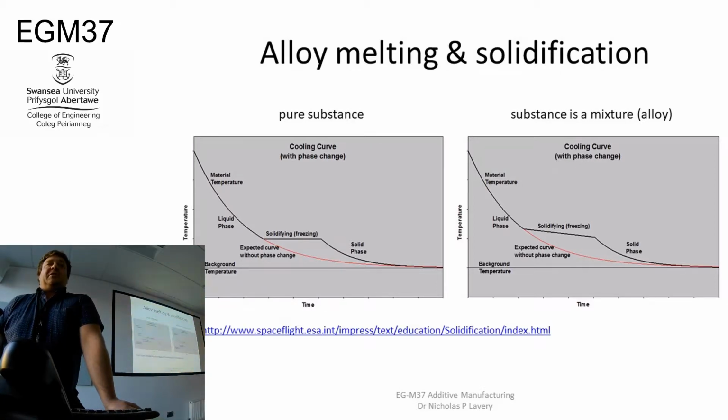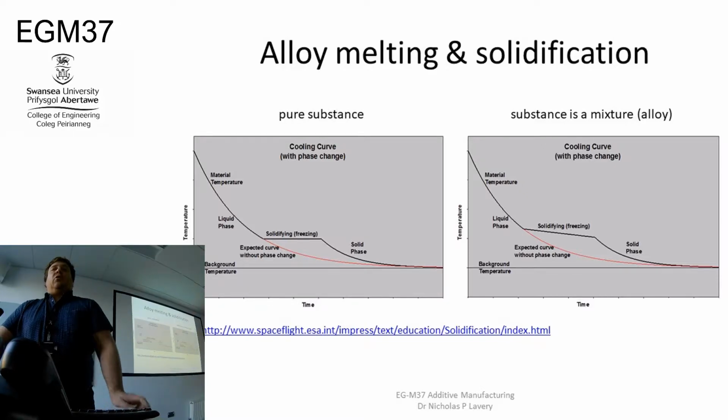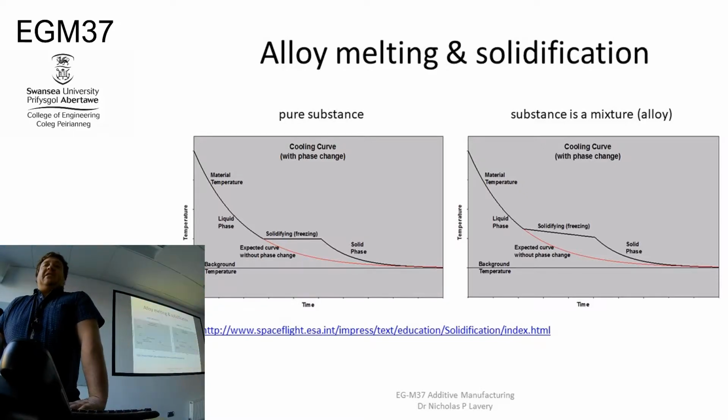If you have a pure substance, that's a flat plateau, and the duration and size of that plateau is determined by the latent heat. Once the latent heat's been overcome, then it goes into the solid phase, and then eventually your cooling curve will join the original cooling curve.